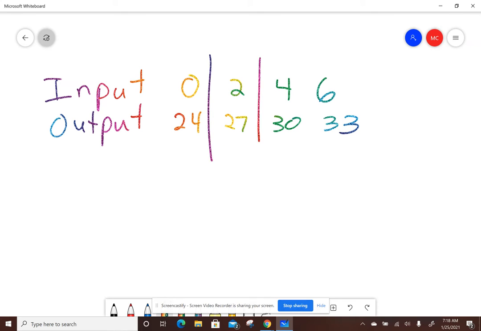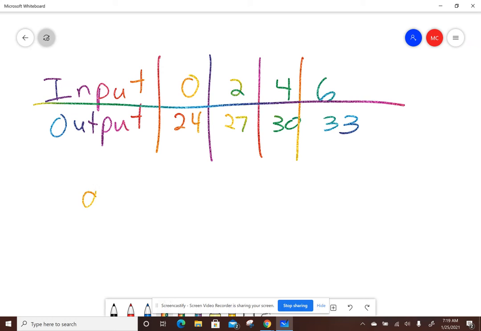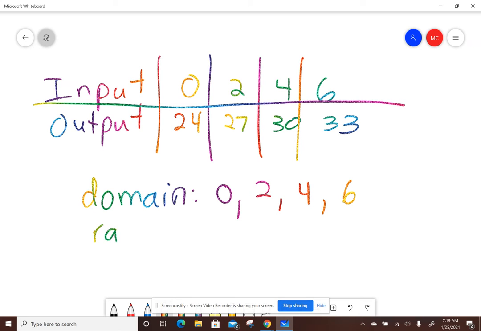Okay? Well, we know the domain is all your x or your input. So my domain would be 0, 2, 4, 6. So what do you think the range would be? Hopefully you're all saying 24, 27, 30, 33. So your domain are your input or x's, your range is your output or y's.